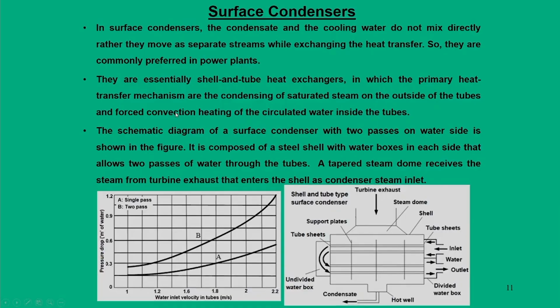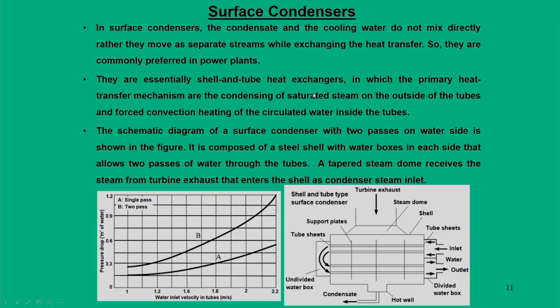Now, we will move on to the next type of condenser, which is called the surface condenser. I mentioned earlier that surface condensers are shell and tube type heat exchangers, in which the primary heat transfer mechanisms are condensing the saturated steam on the outside of the tubes and forced convection heating of the circulated water inside the tubes.